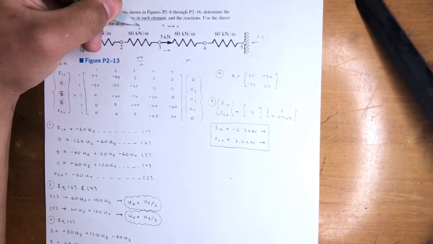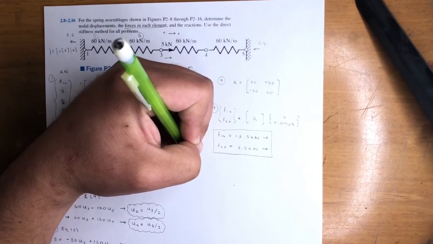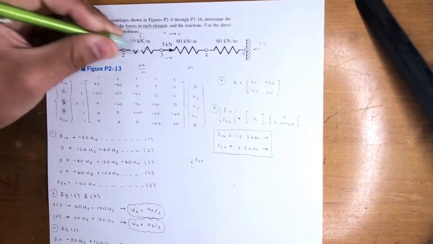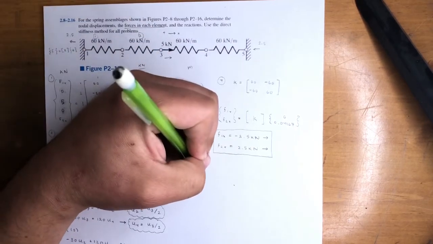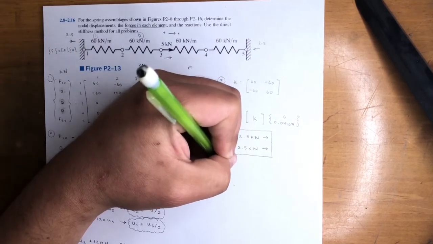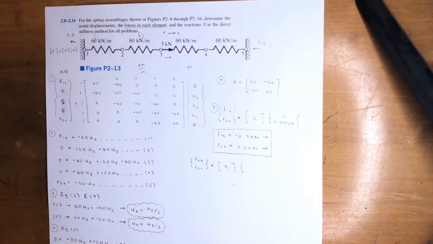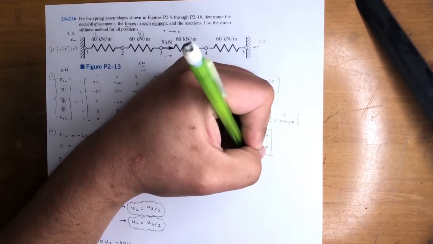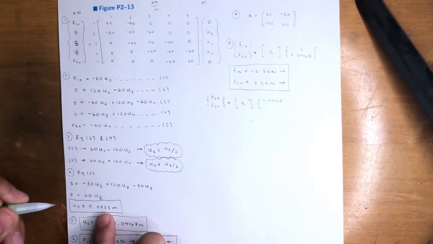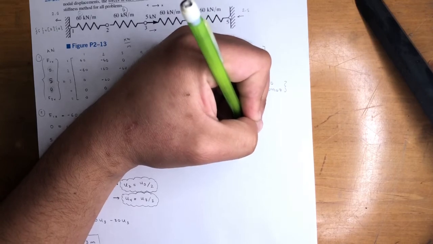Now the second element, let's go ahead and do that one. That is between nodes 2 and 3. So F2x, F3x is equal to K again, because they're all equal. I'll just use the same K, times U2 and U3. So U2 is 0.04167. U3 was 0.0833.